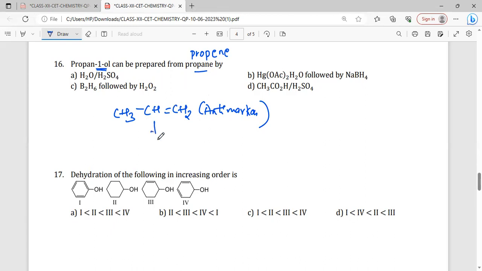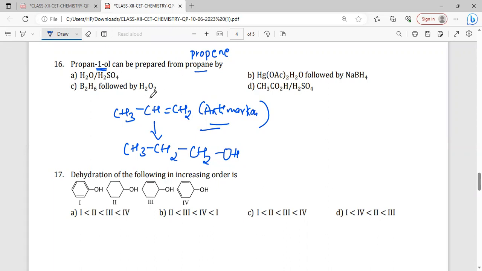So this is your propene. And if you are getting propan-1-ol, CH3CH2CH2OH, the negative part has been added to the carbon containing the most number of hydrogen atoms. So obviously this product is obtained via anti-Markovnikov's addition.